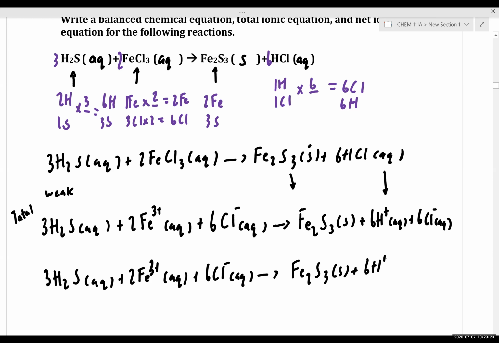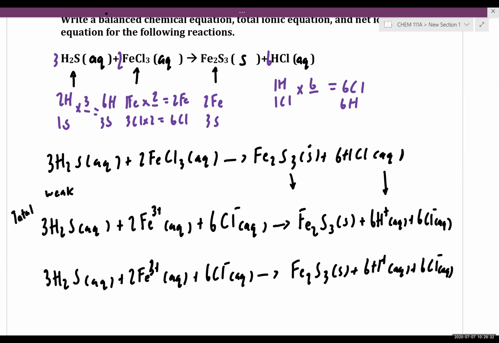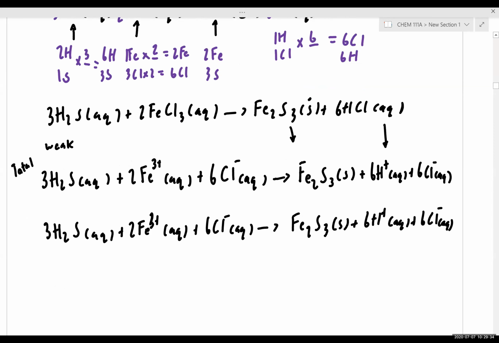Okay, so now that we have our total ionic equation, which ions are spectator ions? Chloride, yep. So let's cancel chloride. Are there any other spectator ions?